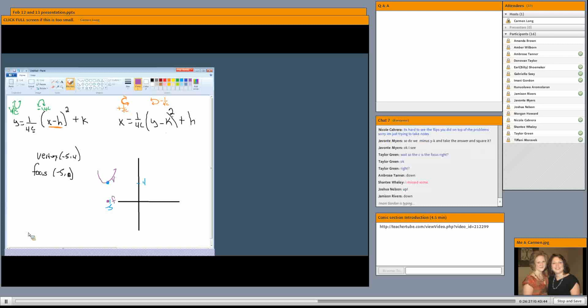Now, the C is the distance from the vertex to the focus or from the directrix to the vertex. So if they gave us our directrix, we could do that.